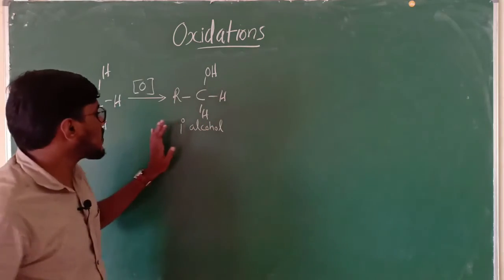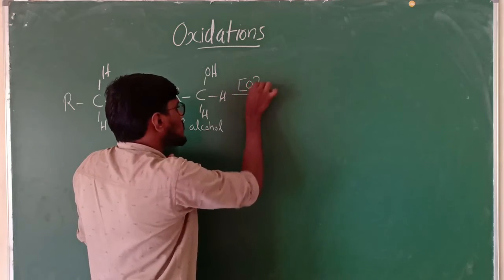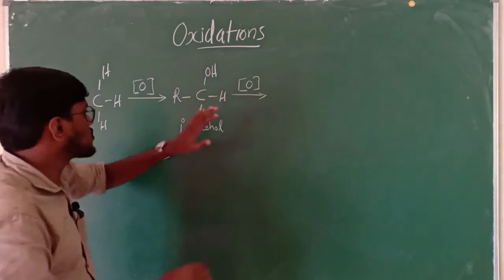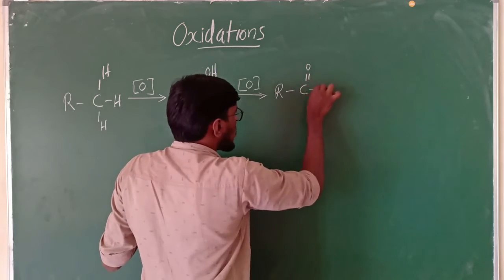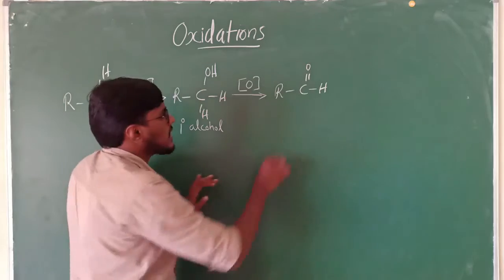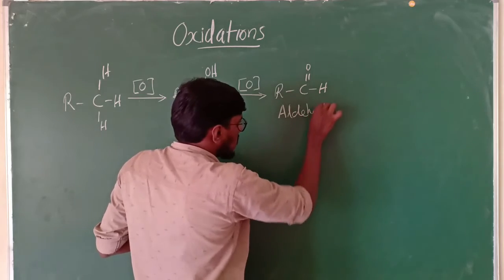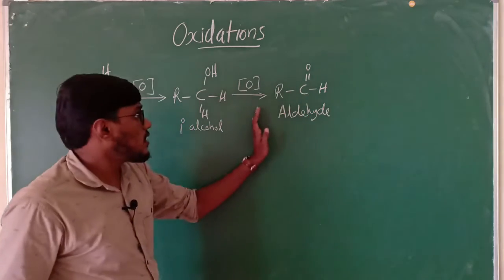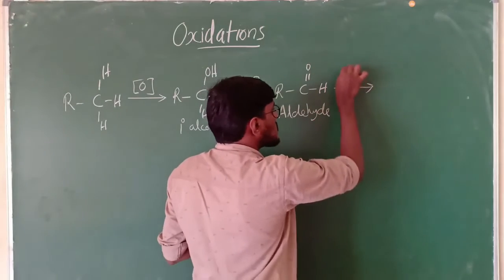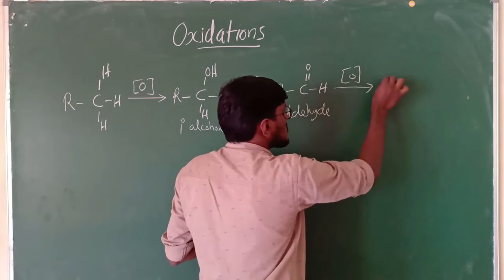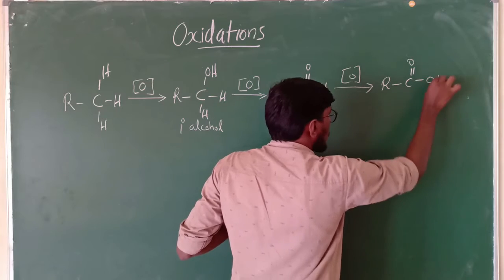So this primary alcohol, on further oxidation with a suitable reagent, gives you R-CH=O. That means it is an aldehyde. We can further oxidize this aldehyde, which gives you R-COOH.